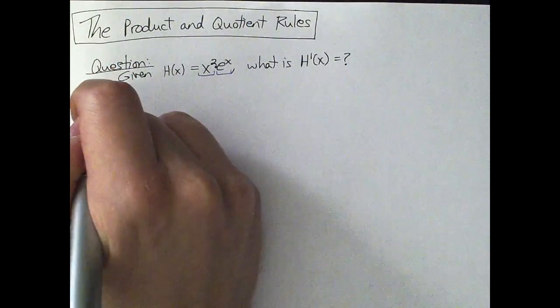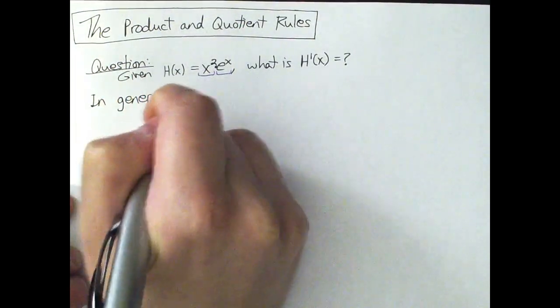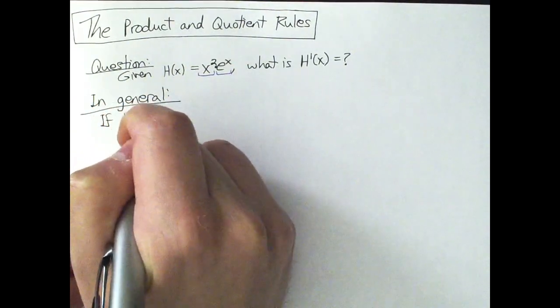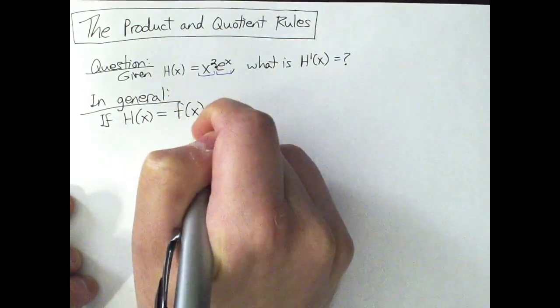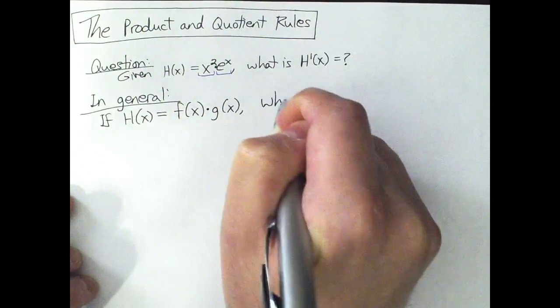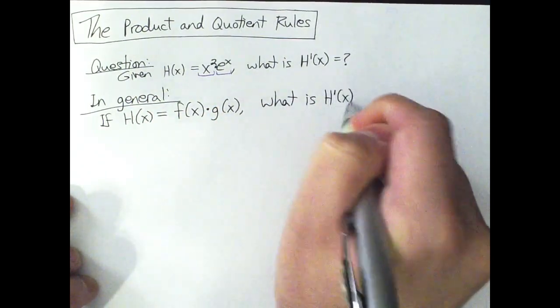So in general, not just for that problem, but if we have a function called h of x and it equals a function times another function, what is the derivative?